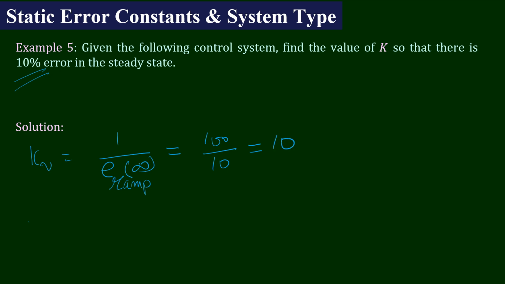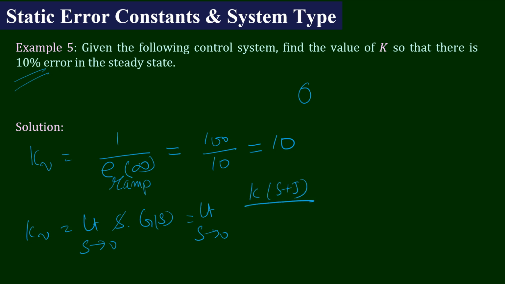Then we know that kV is equal to limit s tends to 0 of s times G of s. So this will be equal to limit s tends to 0. I am not going to write this s because it will already cancel with the s in the denominator, and you will get k times (s plus 5) divided by (s plus 6)(s plus 7)(s plus 8).